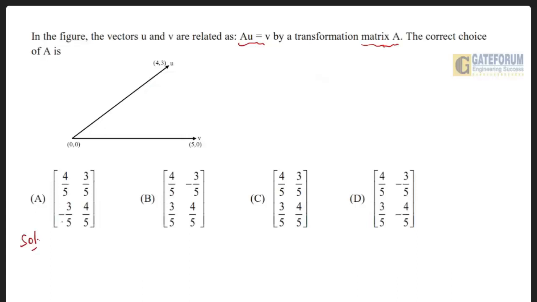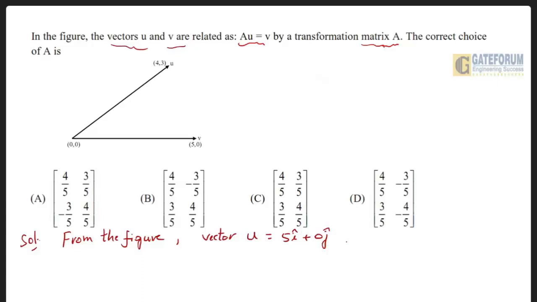From the figure, the vectors U and V are related as follows: vector V is nothing but 5 times I cap, 0 times j cap, where I, j are respectively the unit vectors along the horizontal and vertical axis. Here the V vector already lies on the horizontal axis.